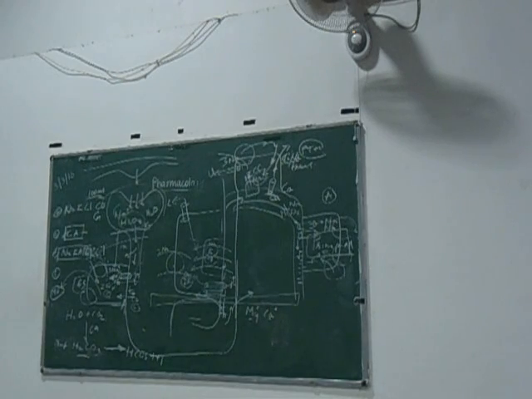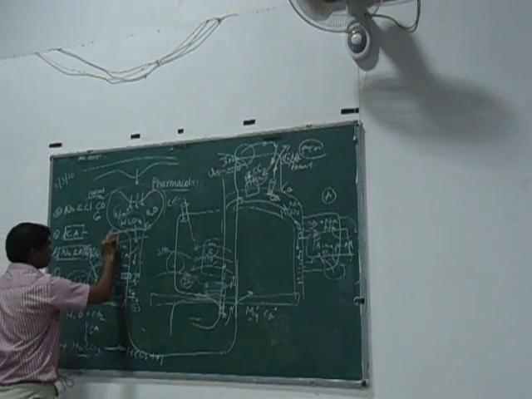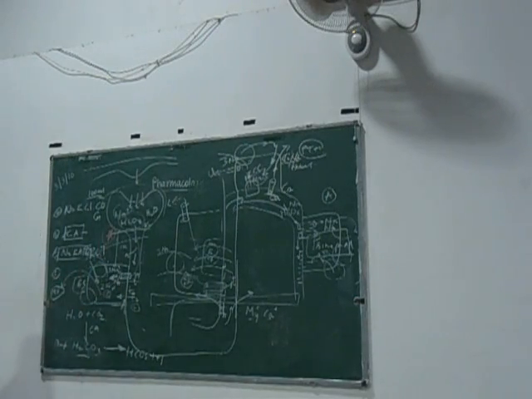So what are the drugs which are acting here? We have carbonic anhydrase inhibitors. You can see here the drug which can act on the carbonic anhydrase system, that is acetazolamide. Then we have the osmotic diuretics which can act on this loop.